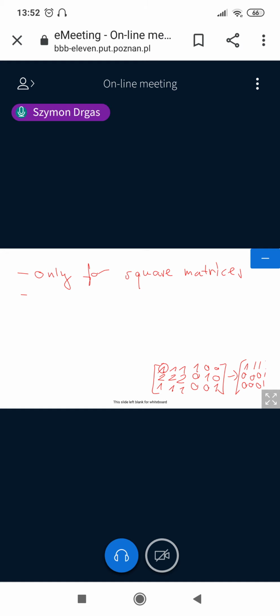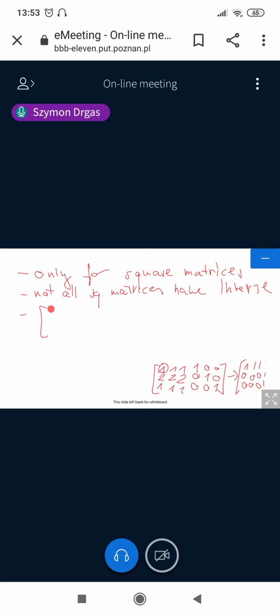Yes, and so not all square matrices have an inverse, and for a 2 by 2 matrix there is an easy formula to find its inverse.